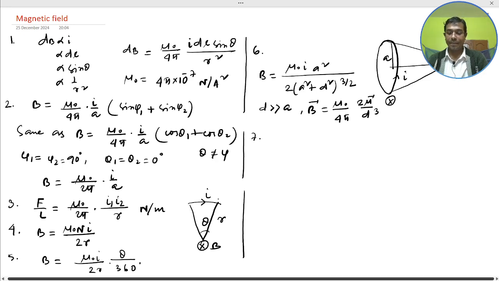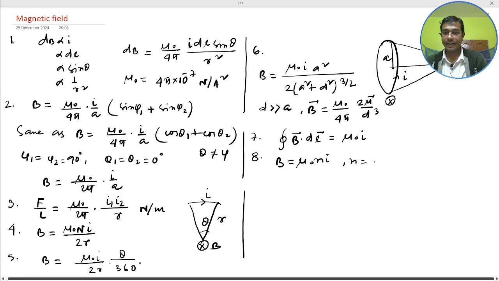Second one is Ampere's law. This tells us the closed line integral of B dot dl is equal to mu naught into I. Magnetic field inside a long current carrying solenoid is B equal to mu naught n I, where n is N by L, the number of turns per unit length.